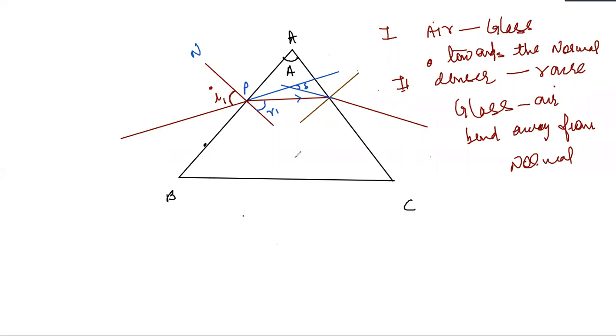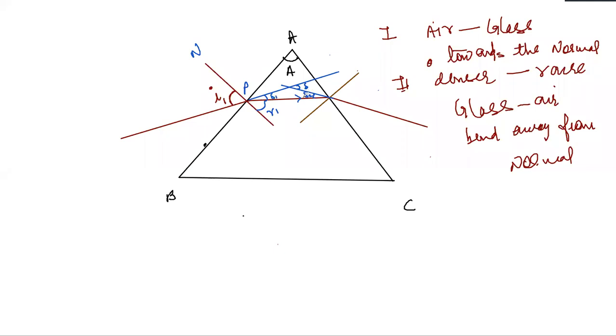You see very carefully, this is the first deviation here. And this is the second deviation here. And so this is the sum of these two.